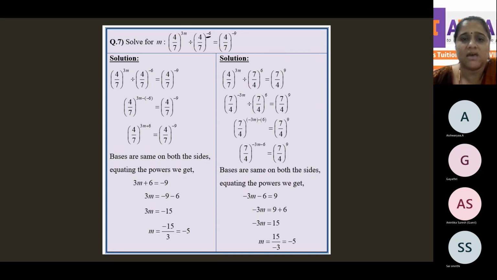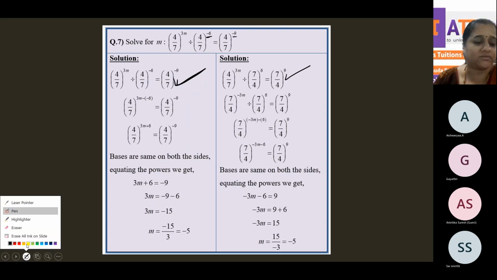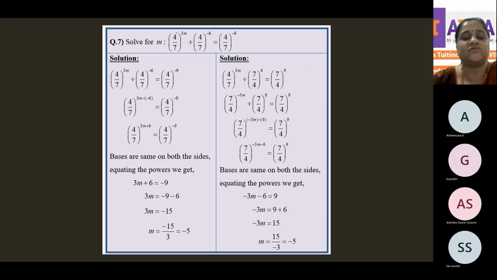Actually, you don't have to do it. This working is fine, children. I'm just telling you how to handle it. Supposing you thought the powers are negative and you wanted to make them positive, then you write this (4/7)^3m as it is.